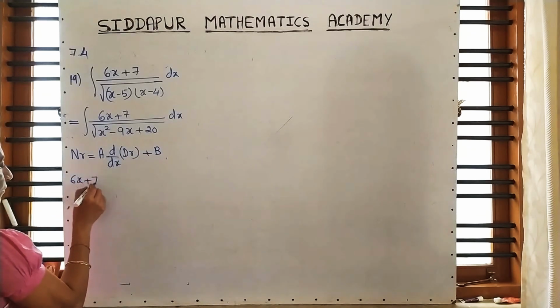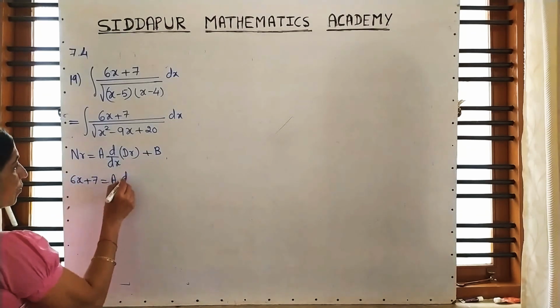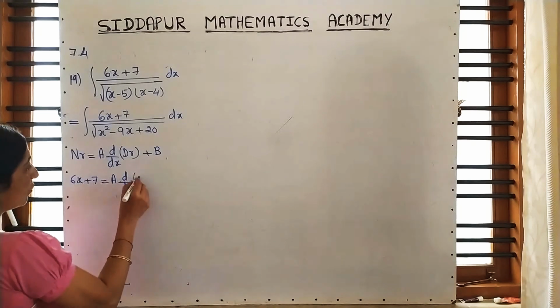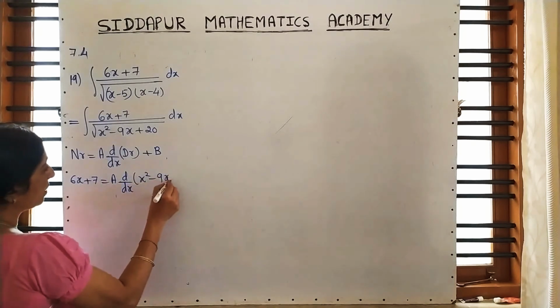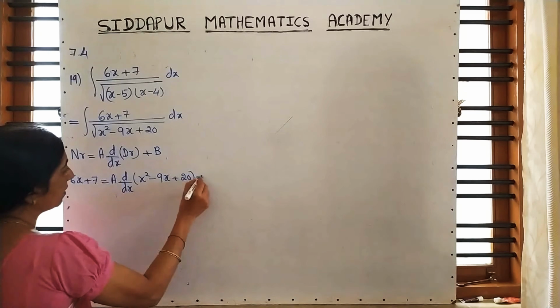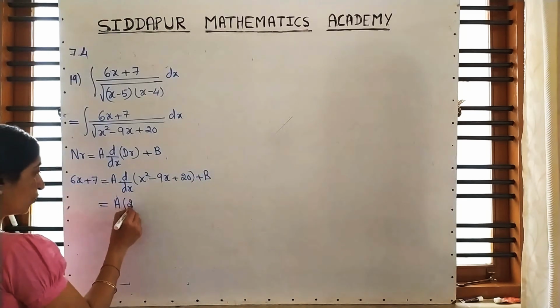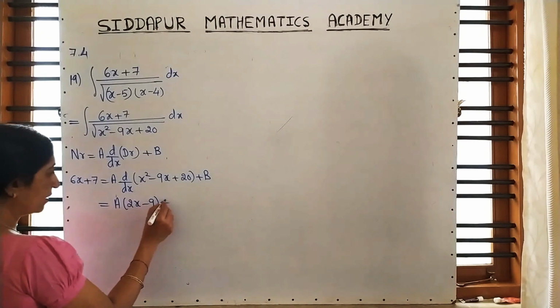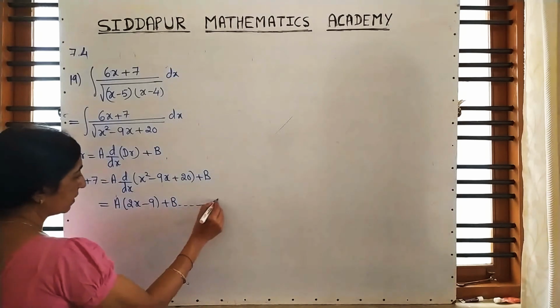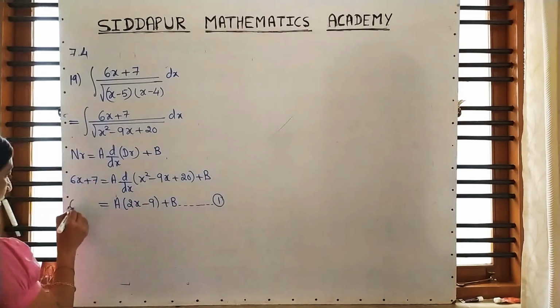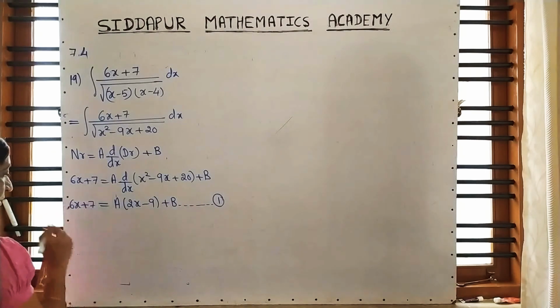6x plus 7 is equal to a into differentiation of x square minus 9x plus 20 plus b. This is a into 2x minus 9 plus b. Let us call this as equation 1. This is 6x plus 7.